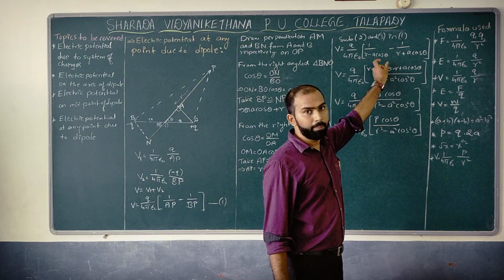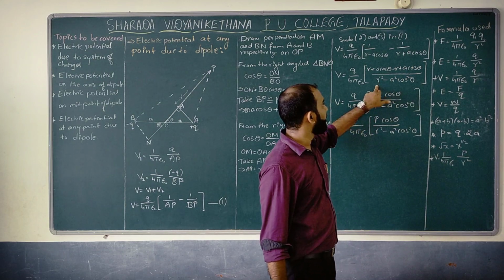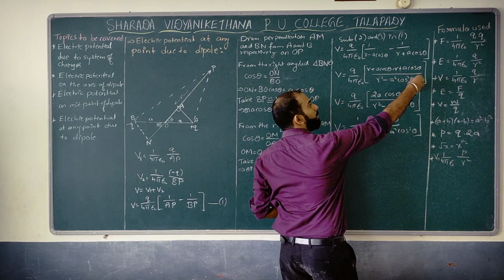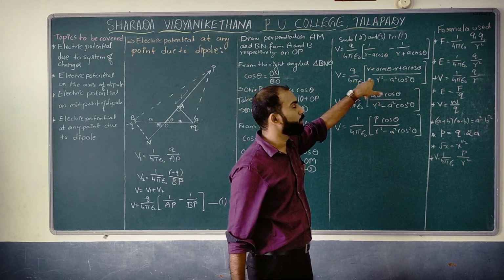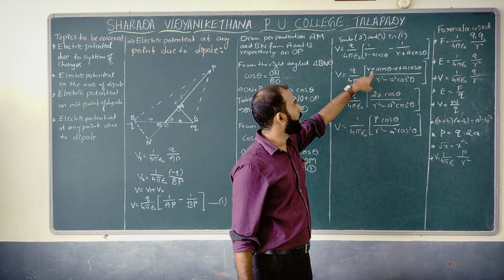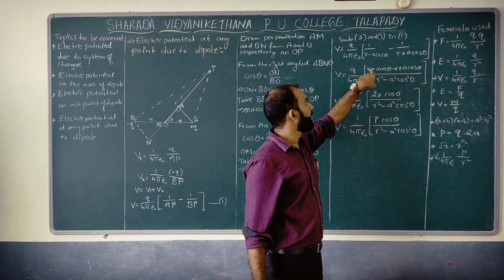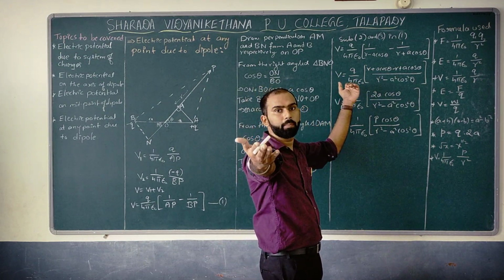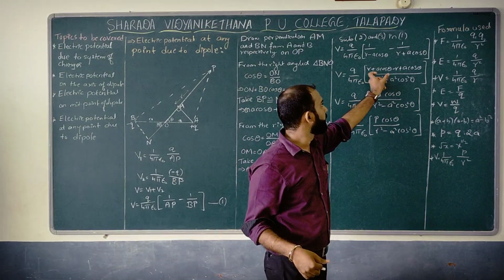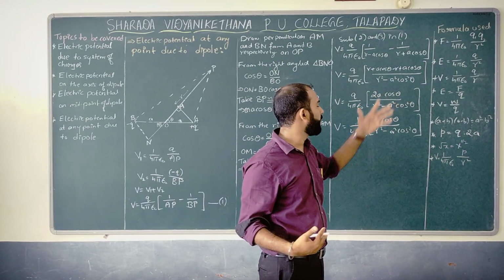In the numerator, R plus A cos theta minus R plus A cos theta, R minus R will get cancelled. What is remaining? Obviously 1 plus 1, 2, and similarly the other term, you can expect 2A cos theta.